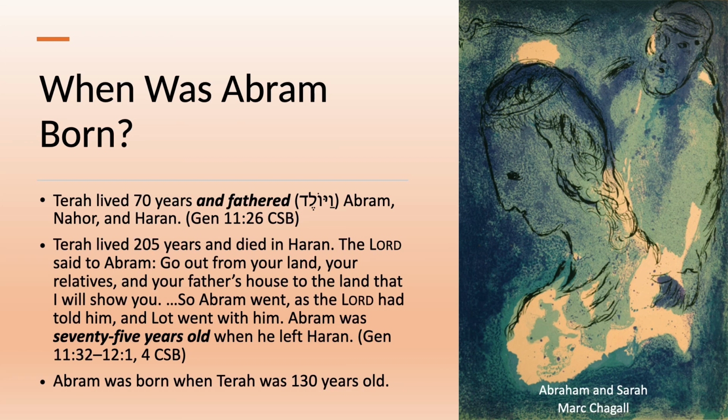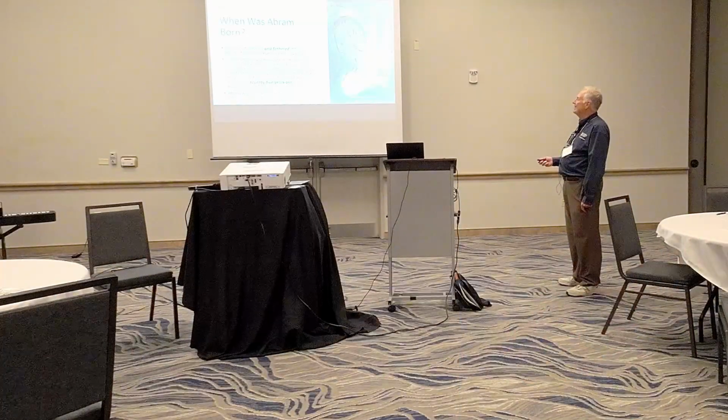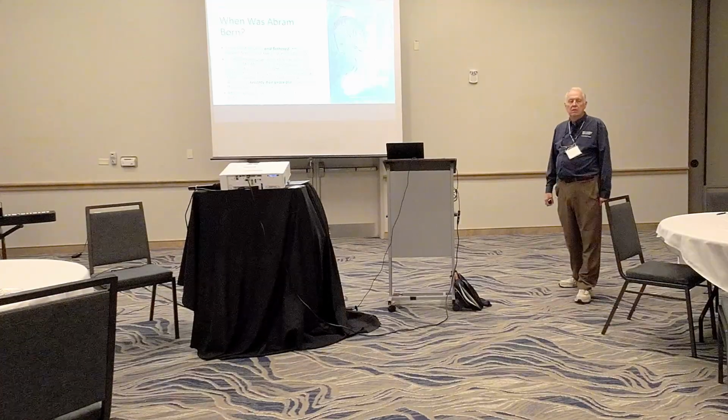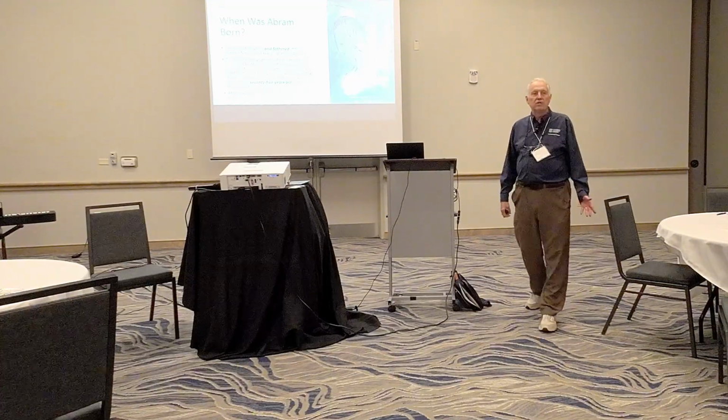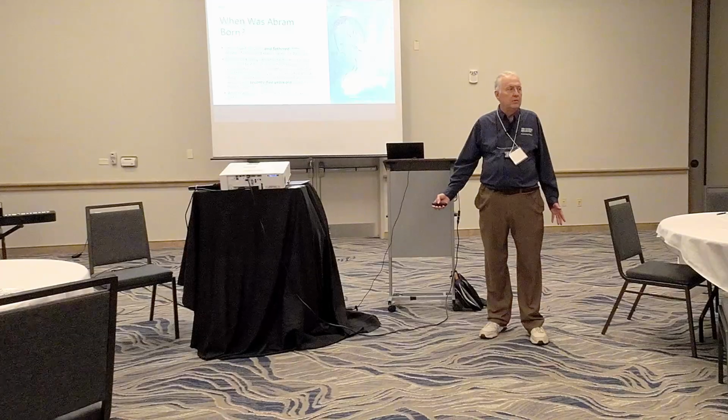So Abram went as the Lord had told him, and Lot went with him. And Abram was 75 years old when he left for Haran. Now, wait a minute. Do the arithmetic. If you do that, Abram was born when Terah was 130 years old, not 70. Terah was dead, then he left.